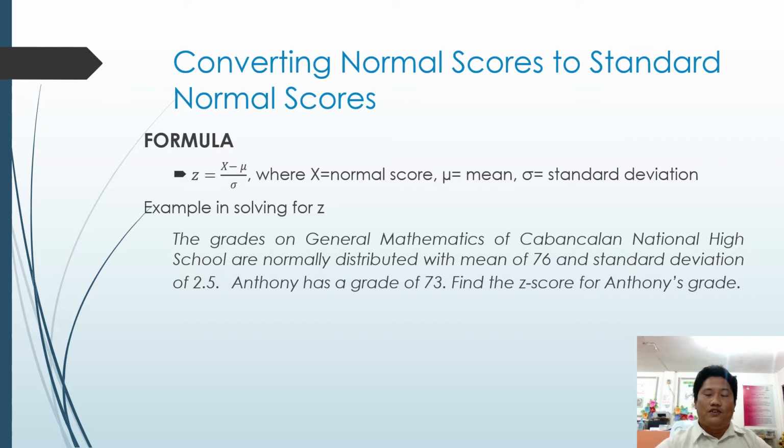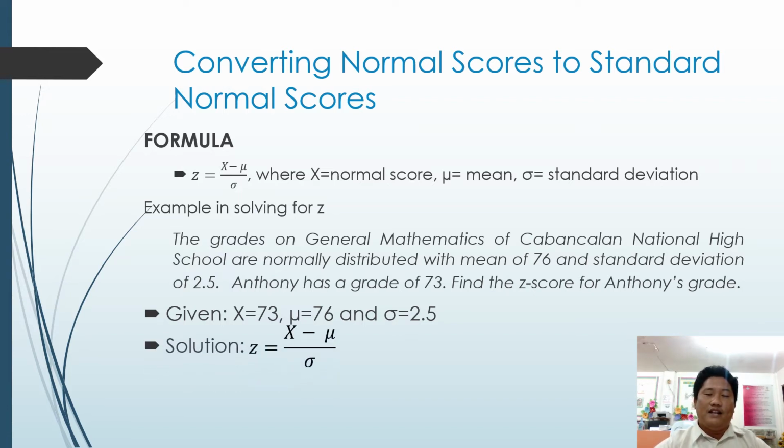Based on the given situation, our x, the normal score, is 73. Our mu, or the mean, is 76. And our sigma, or the standard deviation, based on the given is 2.5. So we already have our needed values, and we will substitute them into our formula.